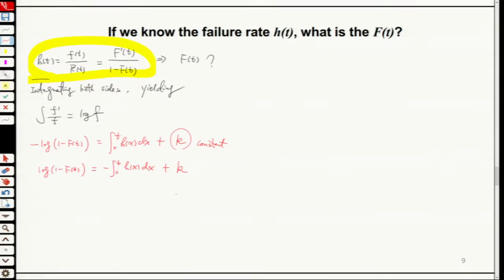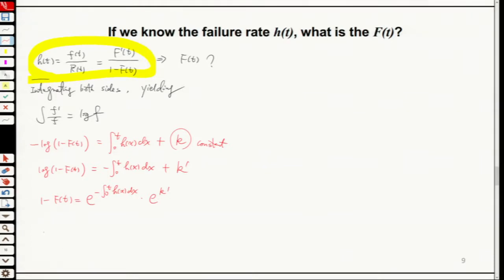But it's always a constant, just k prime, where k prime equals minus k. Okay, it's still a constant. So if you take the exponential on both sides, then 1 minus F(t) will equal exponential of minus the integral from 0 to t of h(x) dx times exponential of k prime.